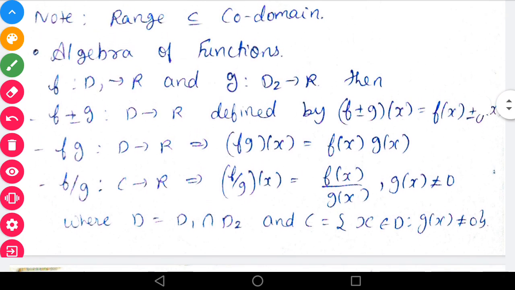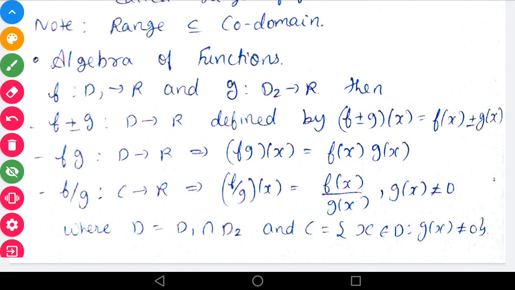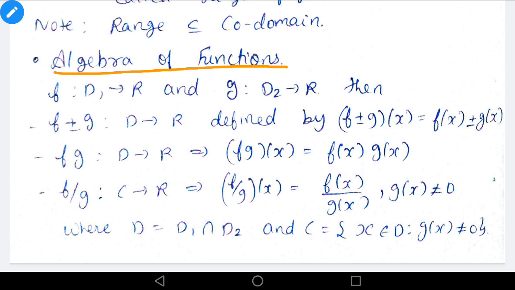Now let's see some algebra of functions, meaning algebraic properties. If f is a function from d1 to R, and g is a function from d2 to R, then with a few algebraic properties we can define f plus or minus g from domain d to R, defined by f plus or minus g of x is equal to f of x plus or minus g of x.